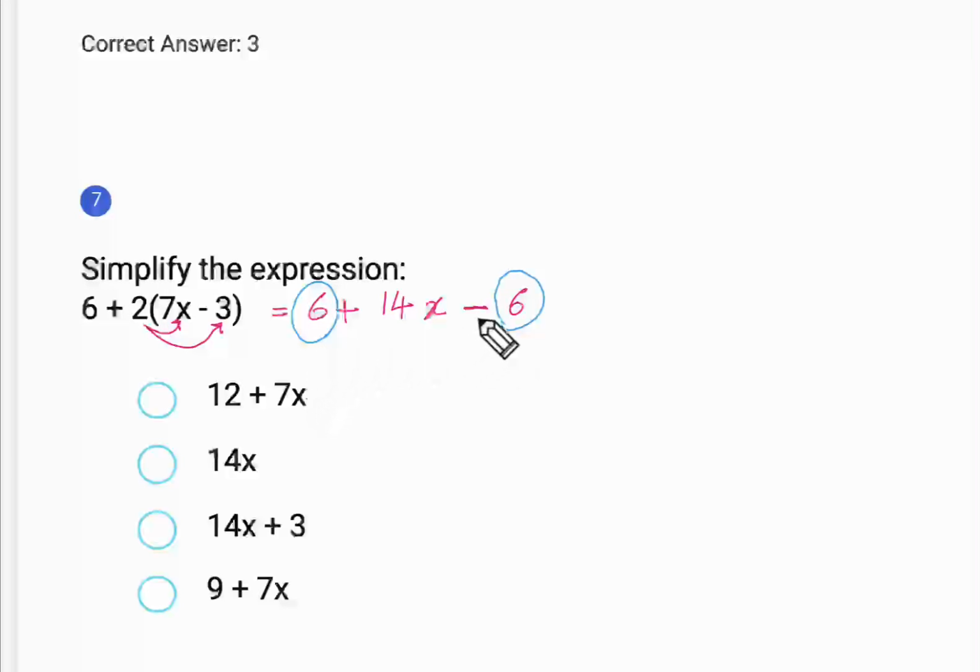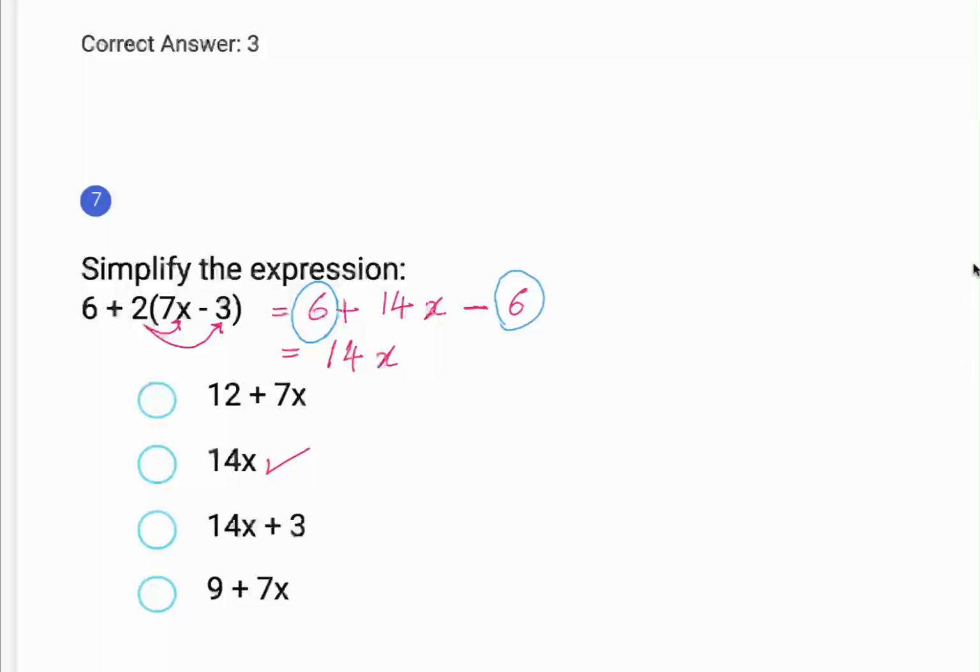It's minus. Muhammad, it's 6 minus 6. 6 minus 6 equals 0, exactly. So we have left only 14x. Thank you, Muhammad. So the correct choice is this one.